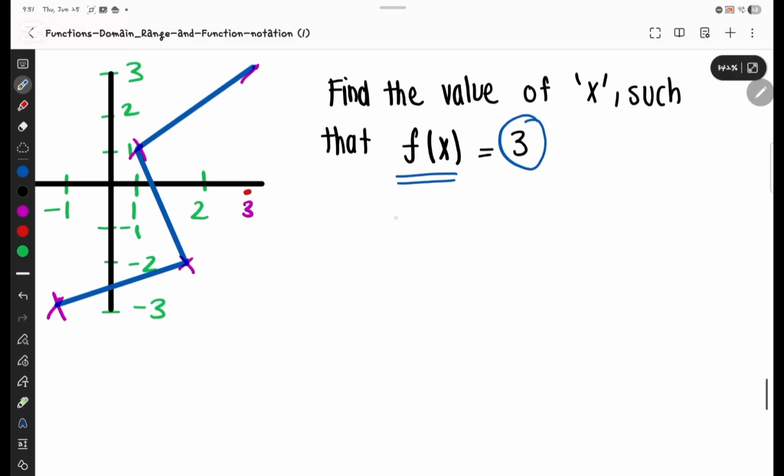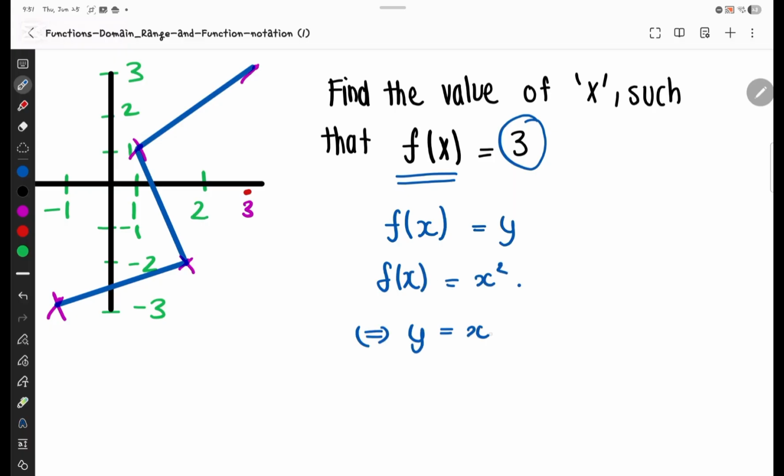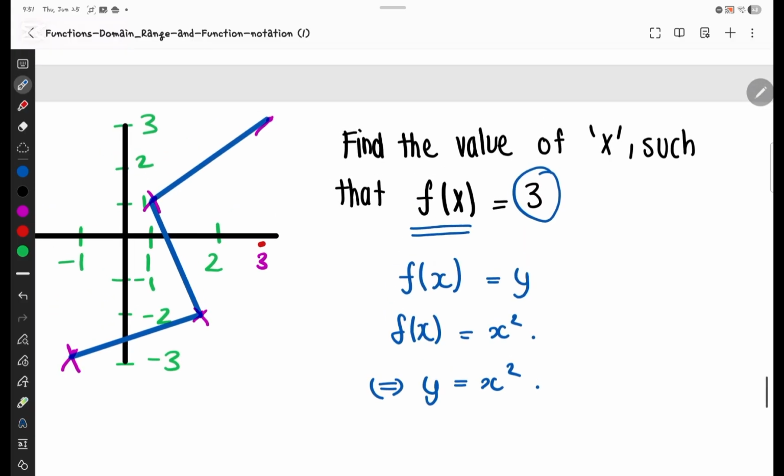Because remember, f of x stands for the same thing as y. For example, f of x equals x squared is the same thing as y equals x squared. So it's basically saying that when y is 3, what x value do you plug in to get 3?